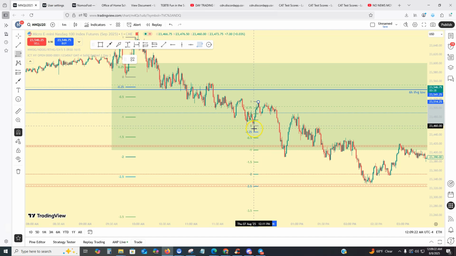It's here, so it's 12. So this is the 12 o'clock candle here. So we have the lowest point, highest point before 12:30. Got it. Okay.